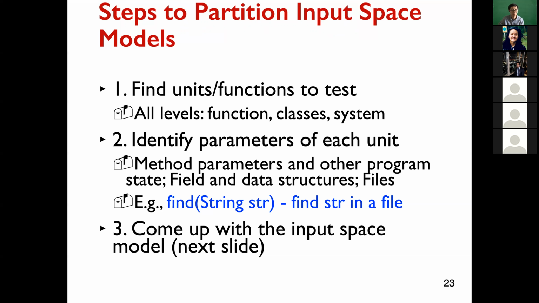These parameters can be the method parameters, or read from a file, or user input, right? For example, if we have a string, this string is input. That is a parameter. Then we go on to define the input space model, which is our partitions actually.